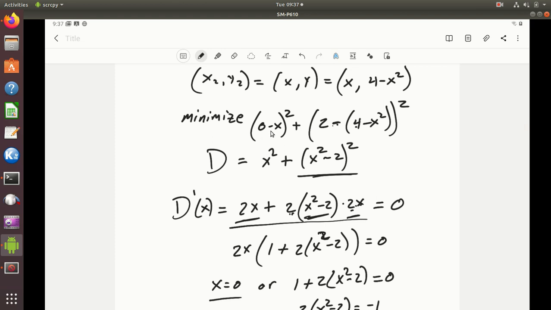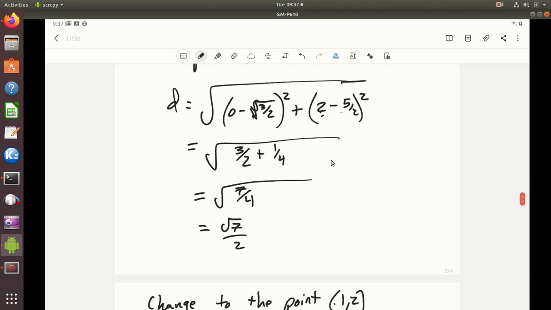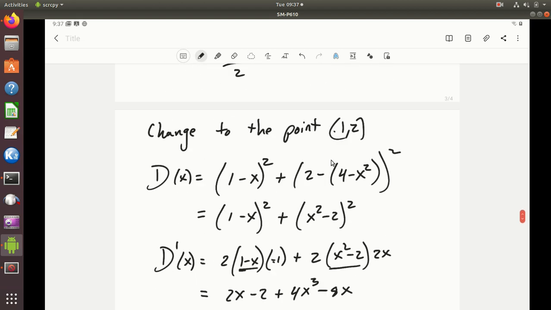Okay, I had a 0 minus x quantity squared and a 2 minus 4 minus x squared, and I looked at this and had what, x squared minus 2. Did I have x squared minus 2 down here? No, I had x squared minus 6 or something.